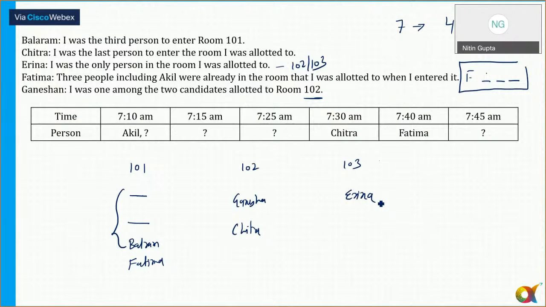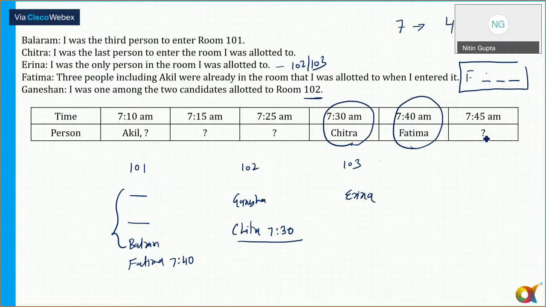So let's look at the time slots. For Irina, we know Chitra is arriving at 7:30. Fatima is arriving at 7:40. Now remember, Chitra is the last person in her room, 7:30, and Fatima is the last person in hers, 7:40.